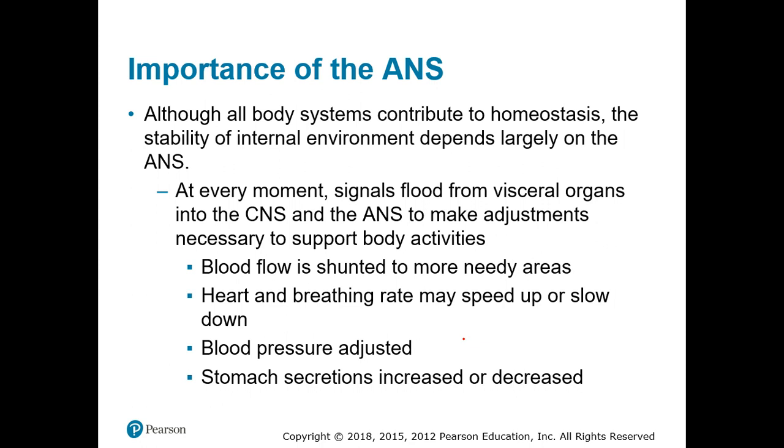You're feeling if things are hot, cold, you're telling if you're hungry, if you are low on a hormone. And your central nervous system is processing all of these signals. And oftentimes, your ANS is the one that needs to make adjustments in order to support daily functions and daily activities that take place in your body.